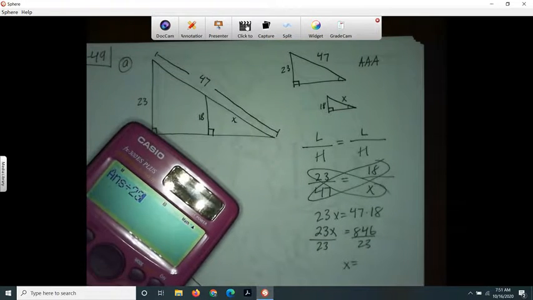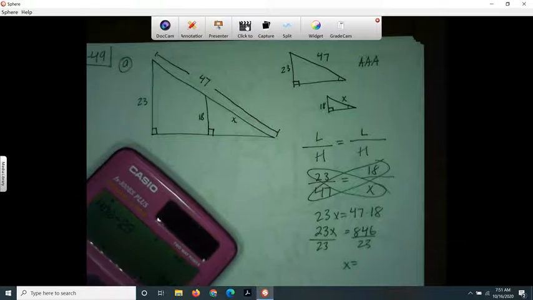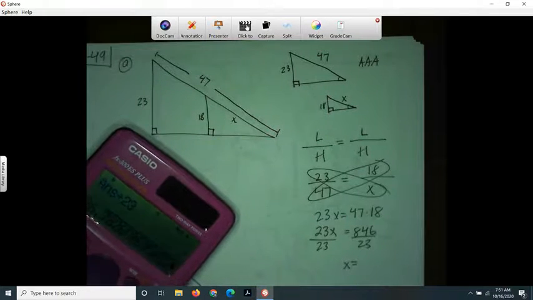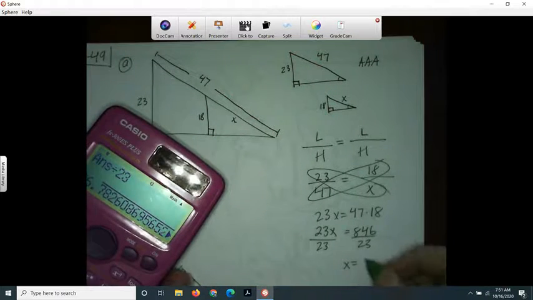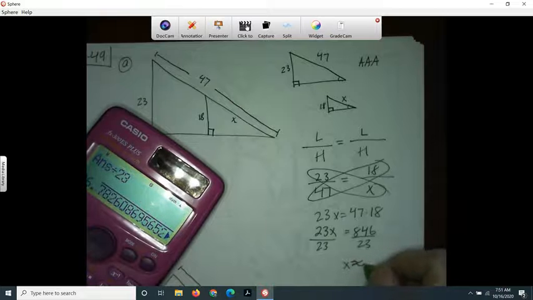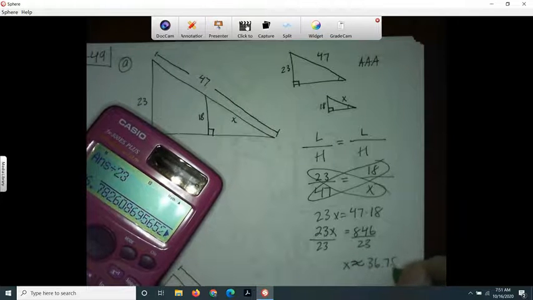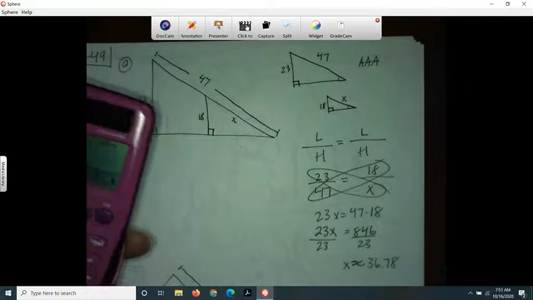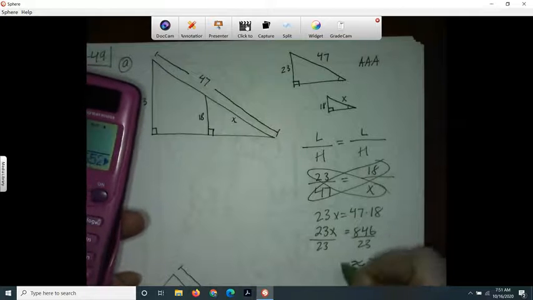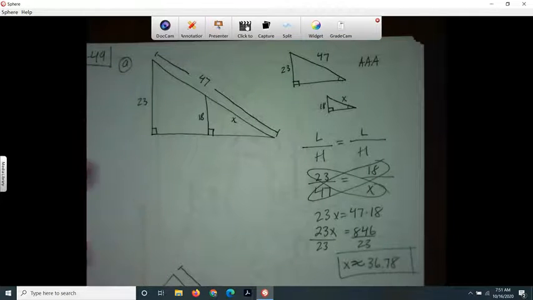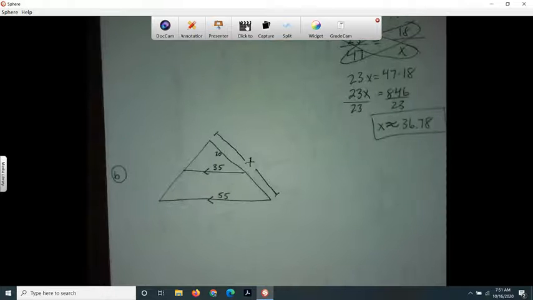I got about 36.78-ish. Those are units. I don't know if it says how many units they are, but that's the length of x right there.